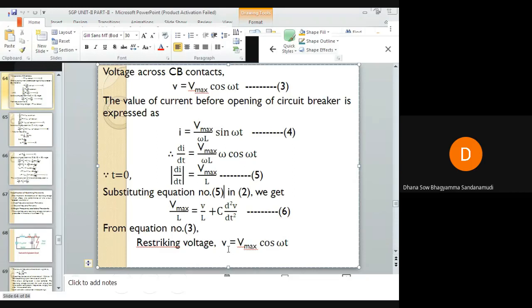Okay, now this is our restriking voltage V equals V max cos omega t.